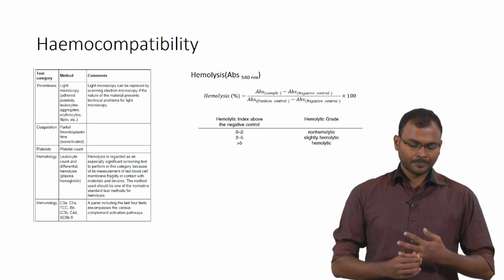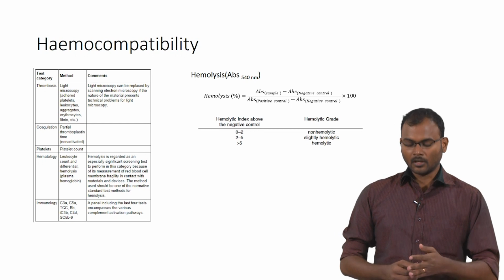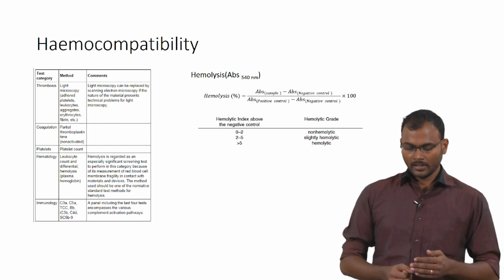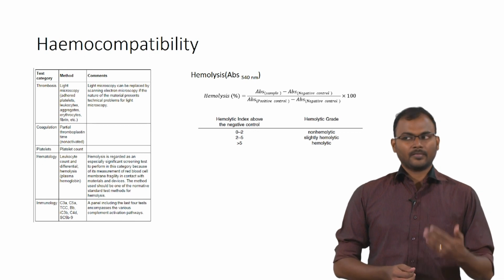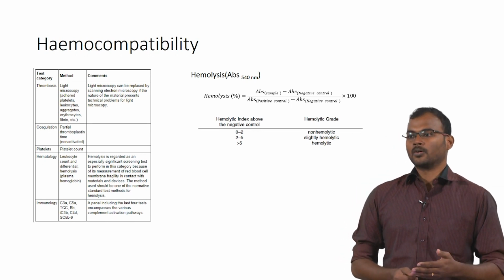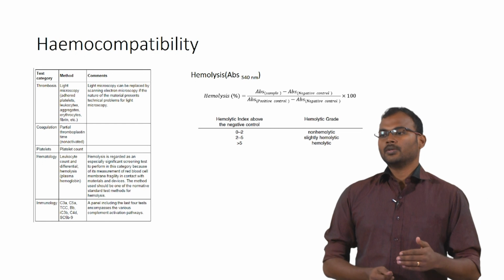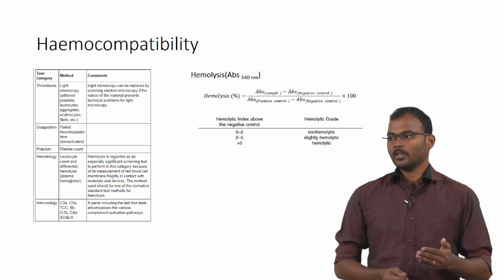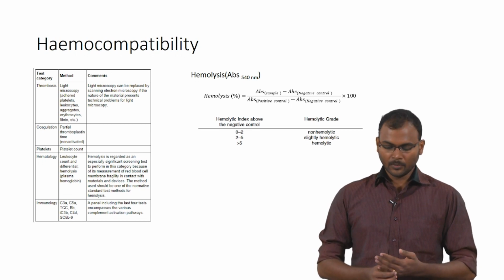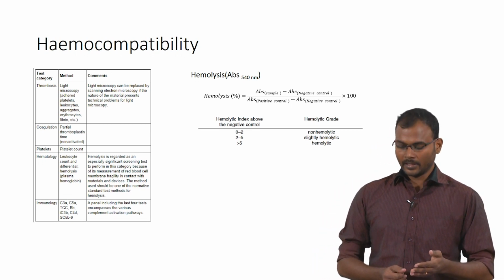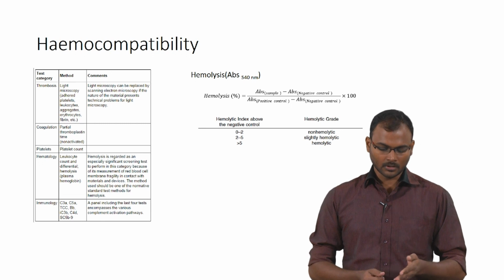Other than platelet adhesion, there is a commonly used assay which is called hemolysis. Hemolysis, as the name suggests, is the lysis of erythrocytes. Whenever your RBCs are broken down, they release hemoglobin that can be estimated using UV visible spectroscopy.